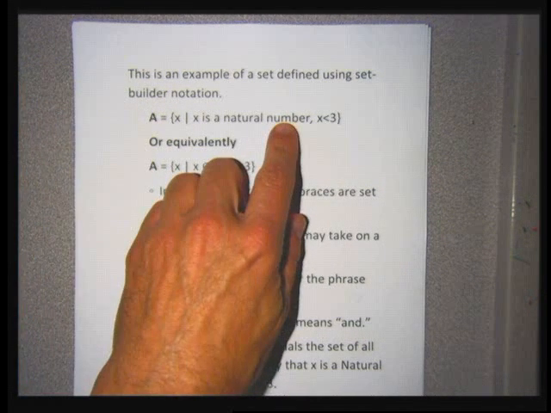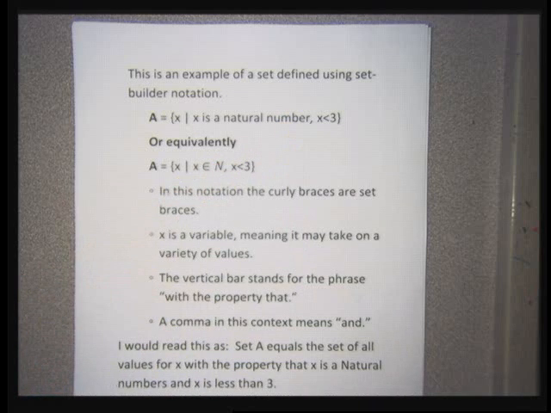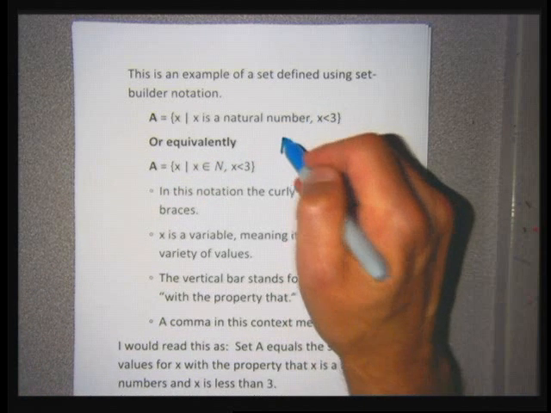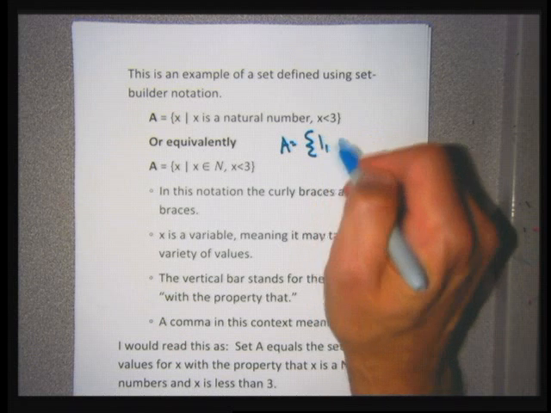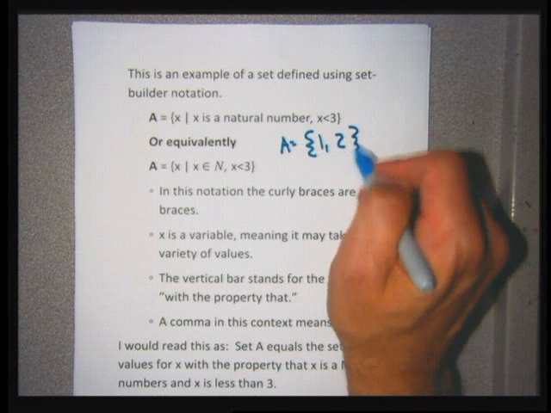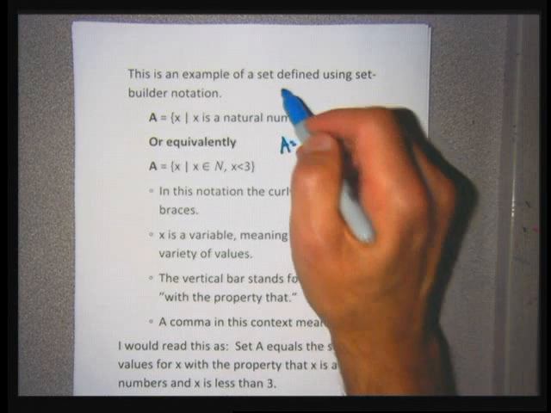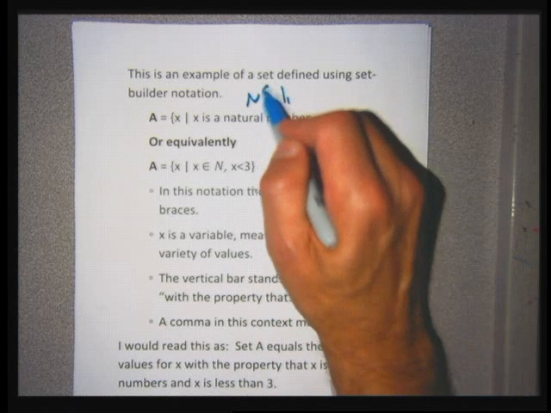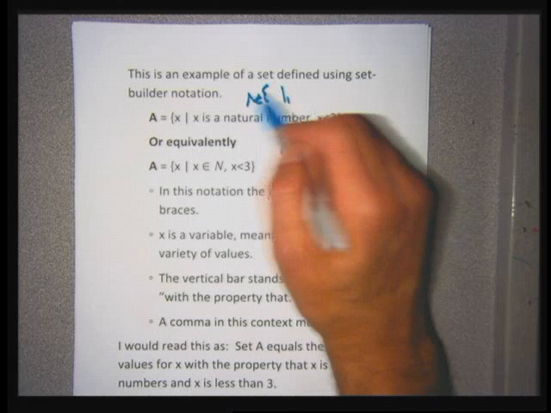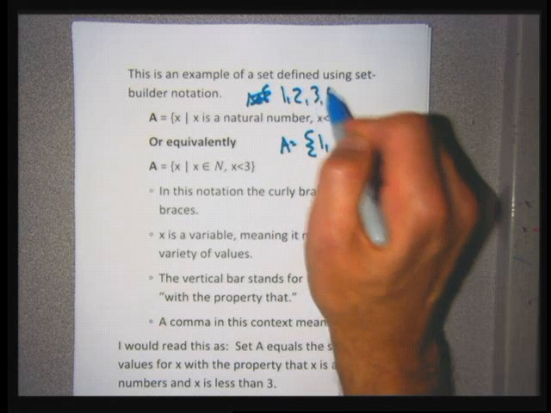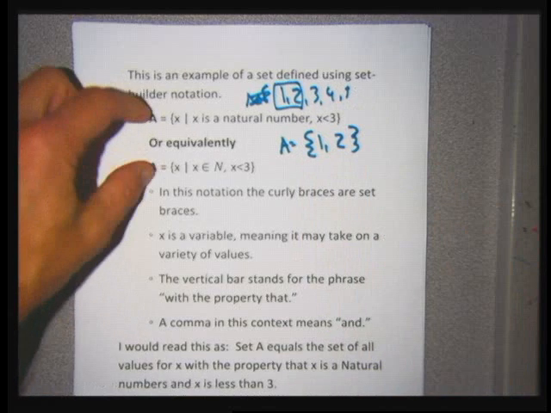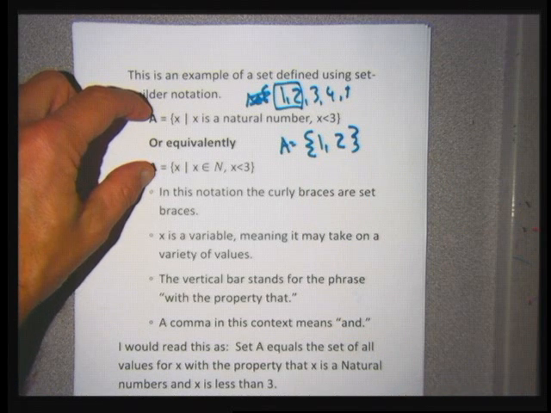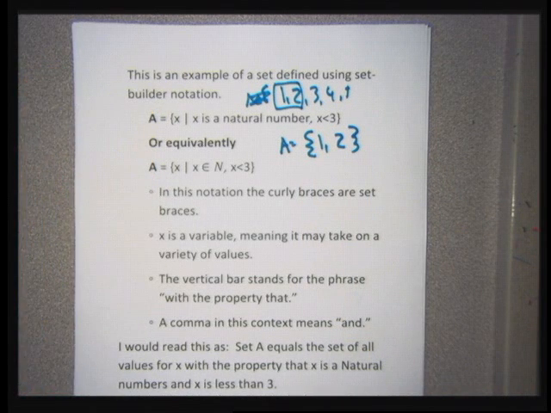They're natural numbers less than 3, and if I wanted to write A in roster form, which we haven't got to, A is just the set 1 and 2, because these are natural numbers less than 3. Natural numbers are the numbers 1, 2, 3, 4, 5, and the ones less than 3 are 1 and 2. So both set A's that I've written about here are the set containing the numbers 1 and 2.